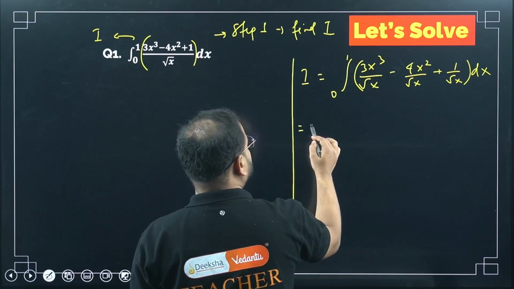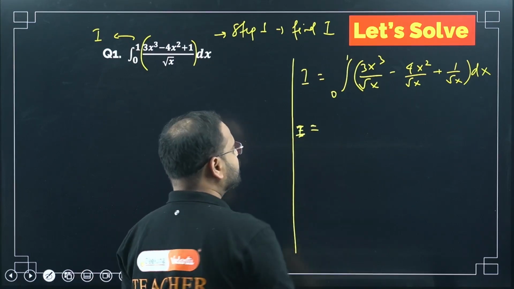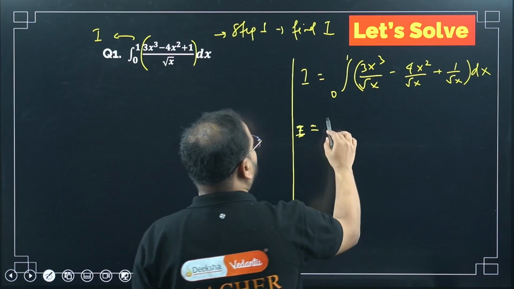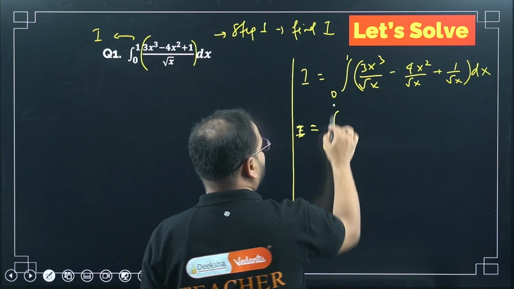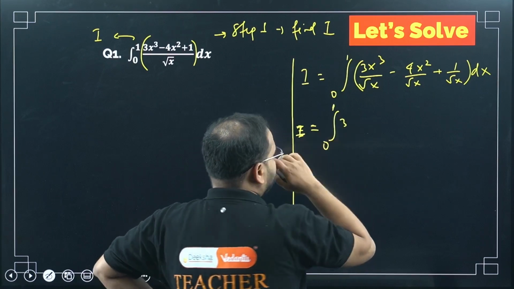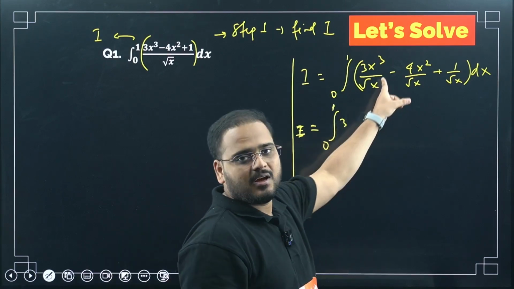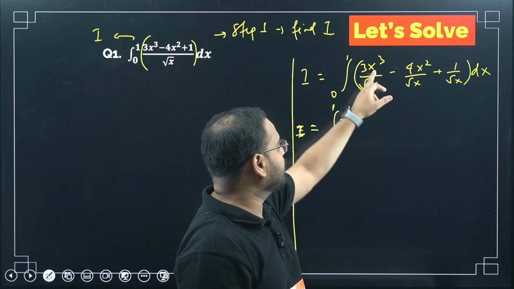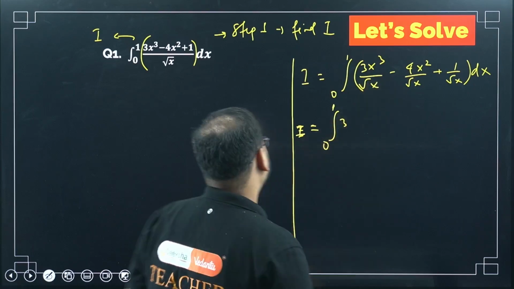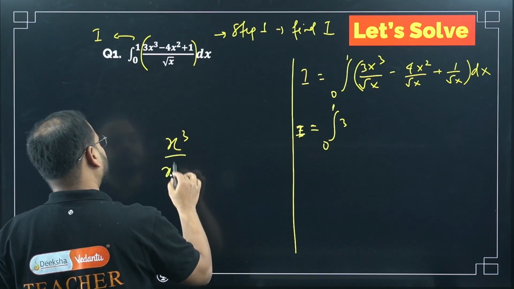Please separate this integration. I equals the integral from 0 to 1, first one: 3 is the constant, I write it over here. If I divide x power 3 by root x, I have to use the exponent rule for division. Remember, root x means x power 1 by 2.